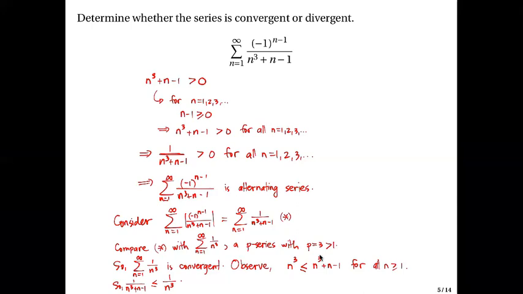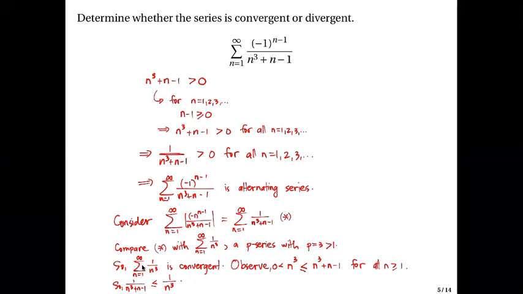Take note, this guy here is always positive. So let me put that part. This guy here is always greater than or equal to 0. So we will not have any problem with this inequality here.